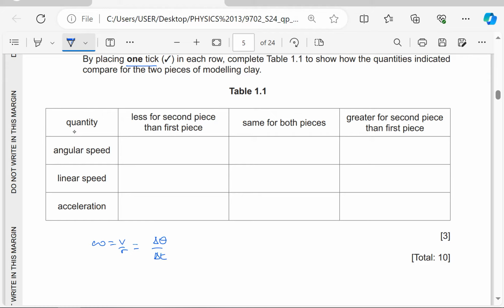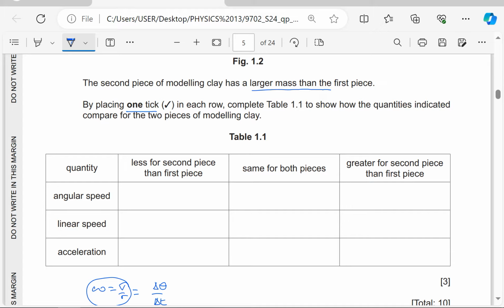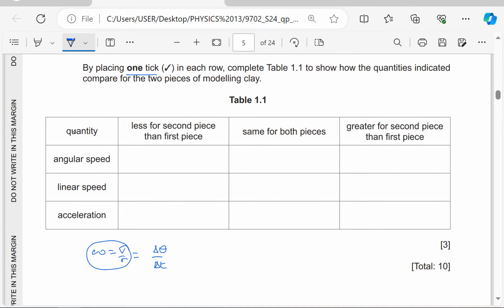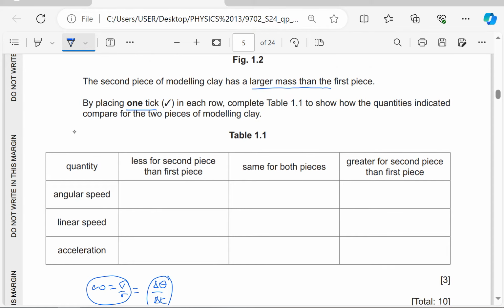So in practice, the angular speed is going to be the same, because even though r is different, it is not going to entirely depend on the radius of the orbit, because they're orbiting the same center. It is going to be just the rate of change of the angular displacement. So this is going to be the same for both. The angular speed is going to be a constant.